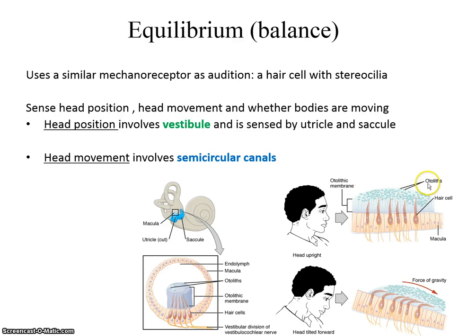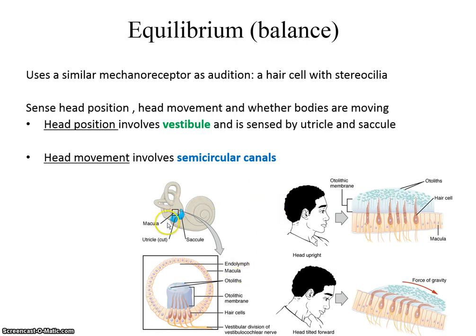There are little tiny rocks, otoliths, right here in this membrane that, as your head moves and gravity affects these otoliths, they move and pull or bend these hair cells, and that starts an action potential through the vestibular nerve. In the semicircular canals, we have a very similar situation.